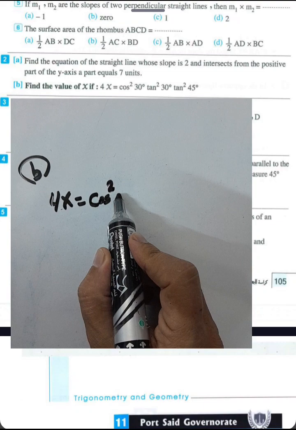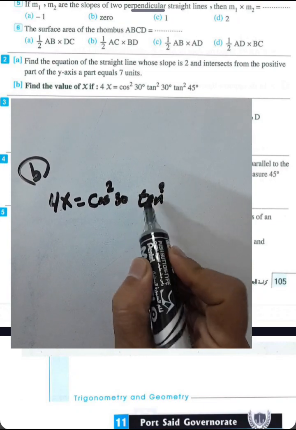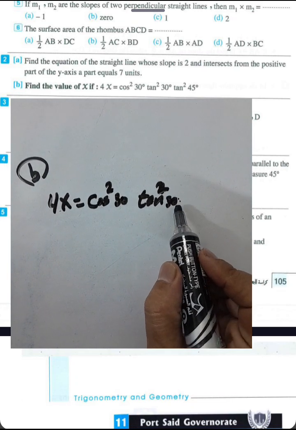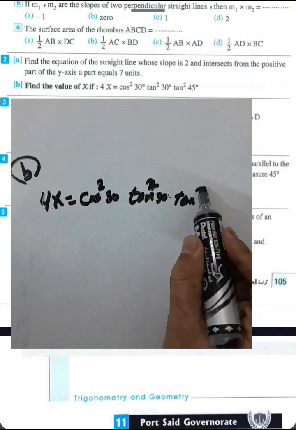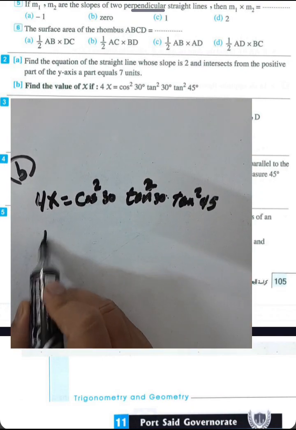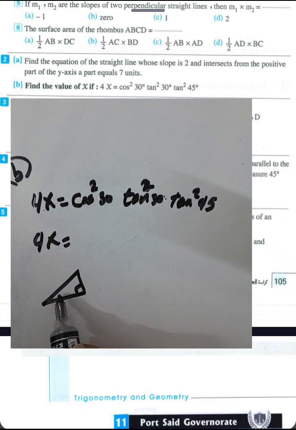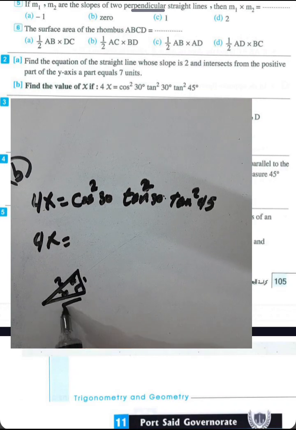Find the value of x if 4x equals cosine squared 30 multiplied by tan squared 30 times tan squared 45. We can find these from right-angled triangles. For 30 and 60, the sides are 1, 2, and root 3.